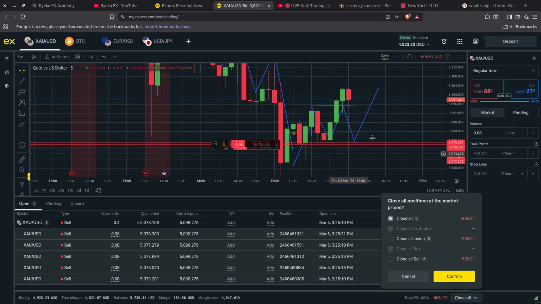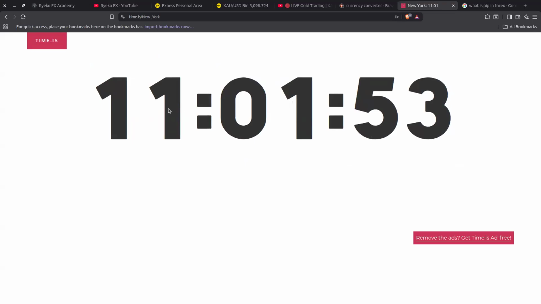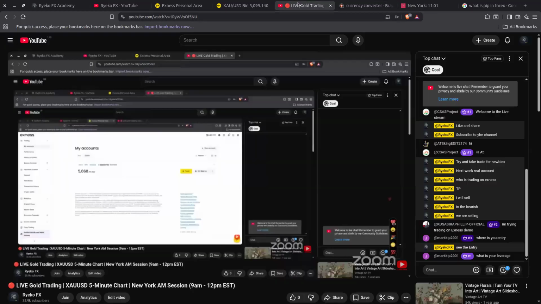But sometimes, as you hold on to the trade, it's always crazy. I don't want to trade for long. Overtrading for long is something that I just don't want.